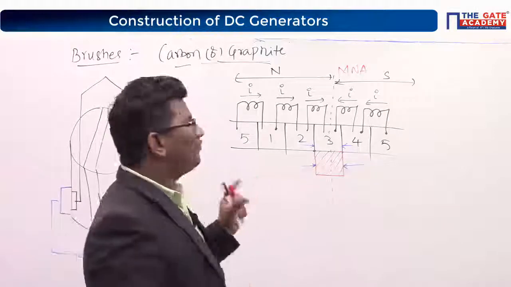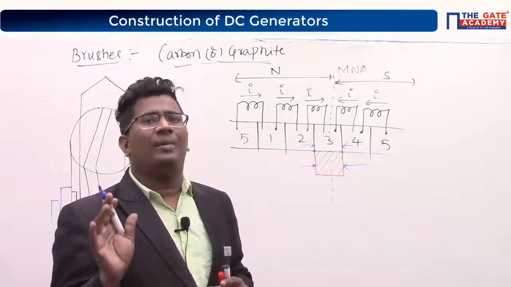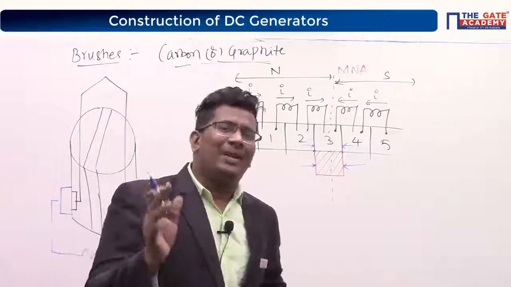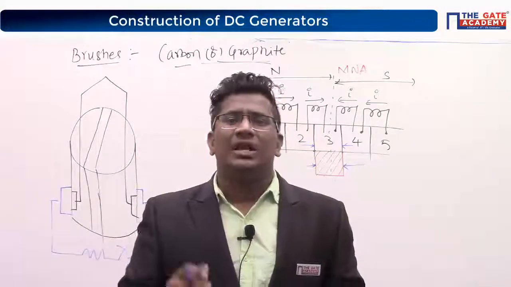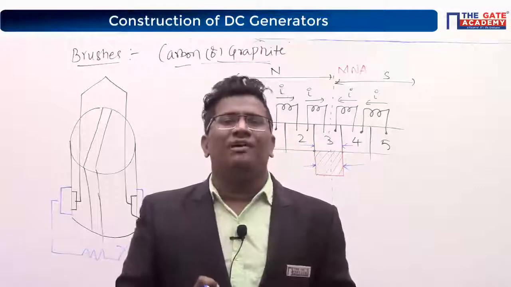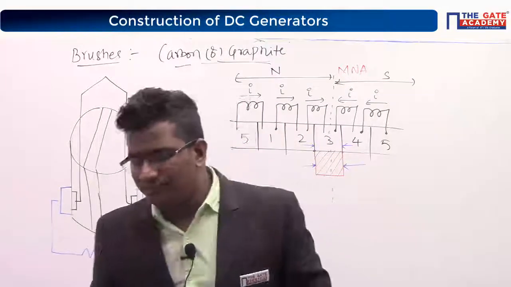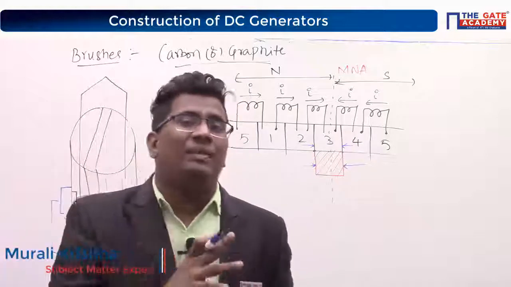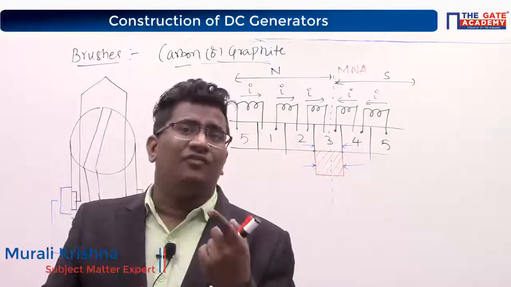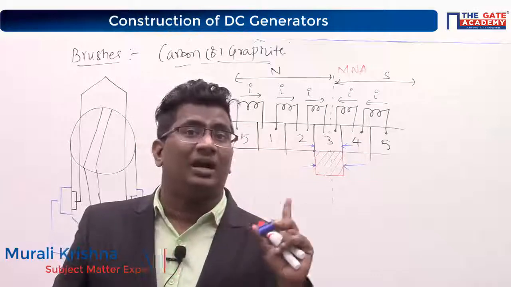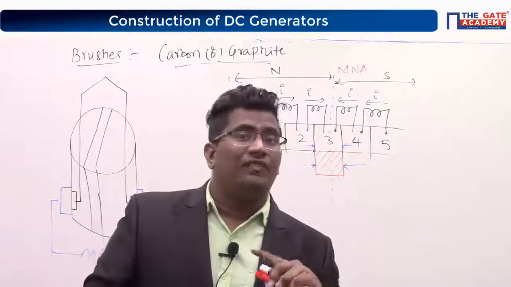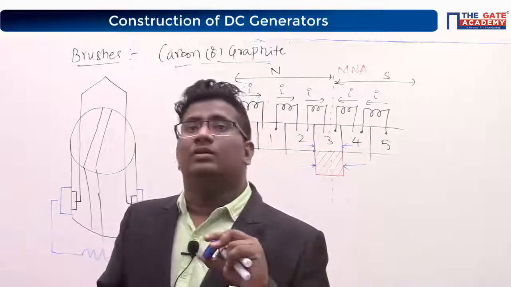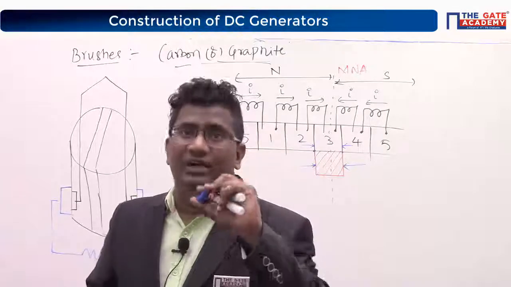Is this clear? Why are we placing brushes along the MNA axis? Suppose you are keeping brushes away from the MNA axis, do you have a finite voltage or zero voltage? Yes, sir, finite voltage will be there.